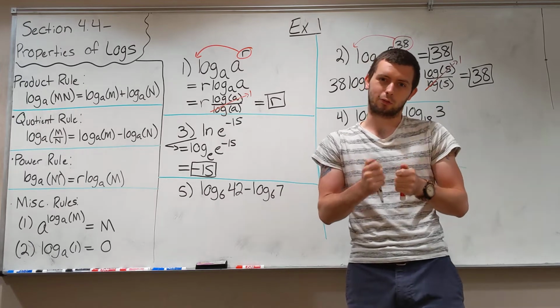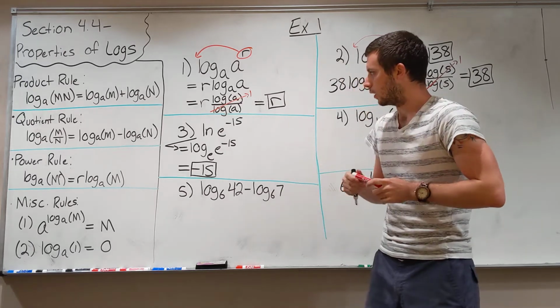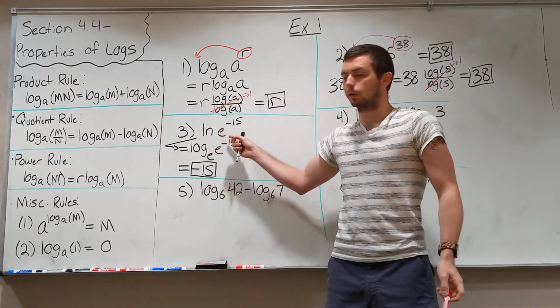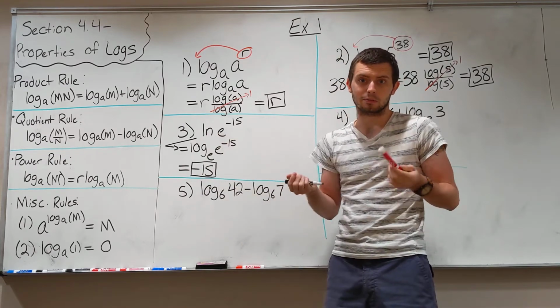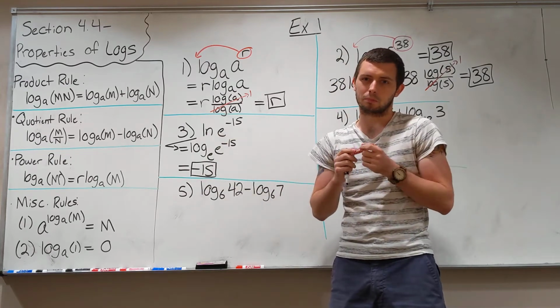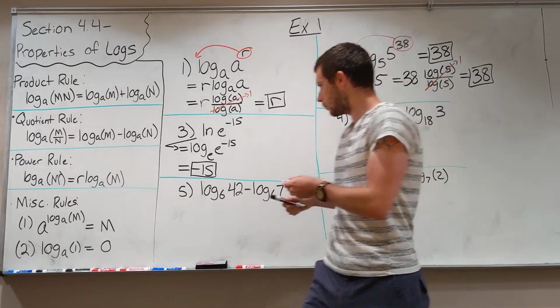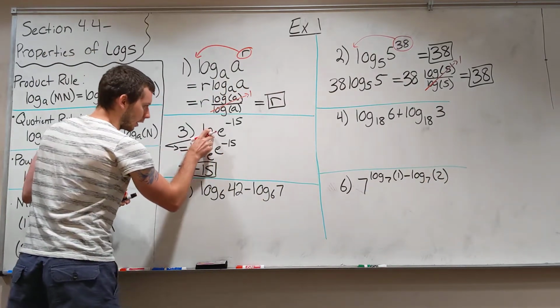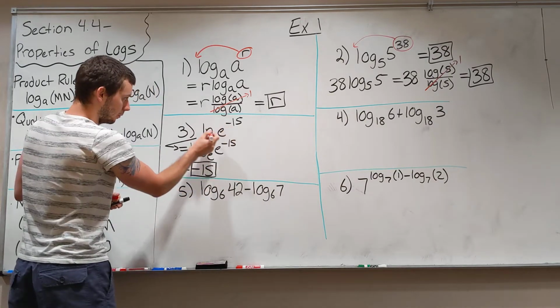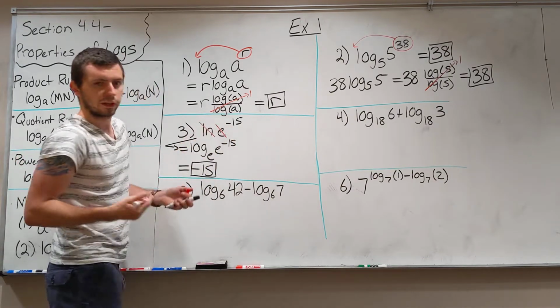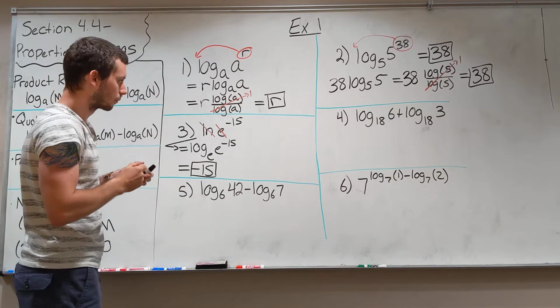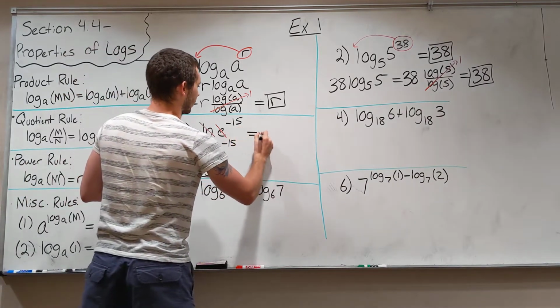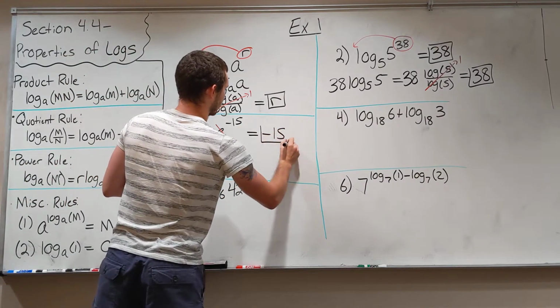So whenever they're next to each other, if you're taking the natural log of e, they are inverses, which means they cancel out. So another way you can look at this problem, if you're evaluating ln of just an e function, they cancel out because they're inverses. And you're left with negative 15.